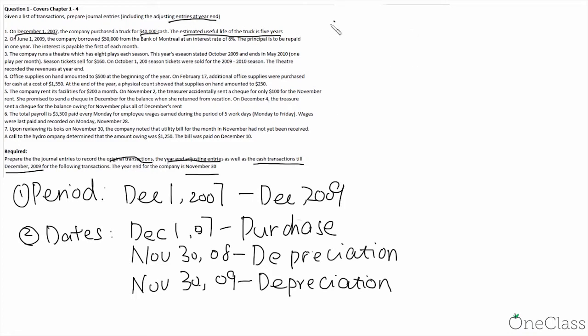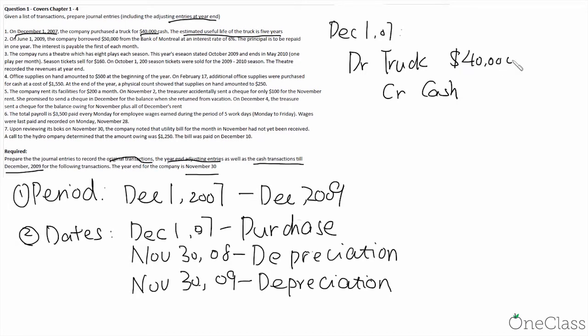So now after we have figured out all the relevant dates, then we can book the transactions. So at the first transaction, December 1st, 2007, when we purchase a check, we debit a check. And because we pay cash, we credit cash. And the check was $40,000. So we debit check $40,000 and credit cash $40,000.